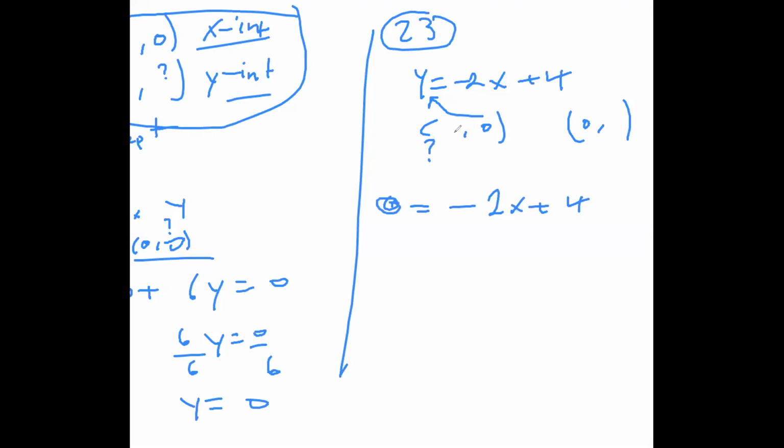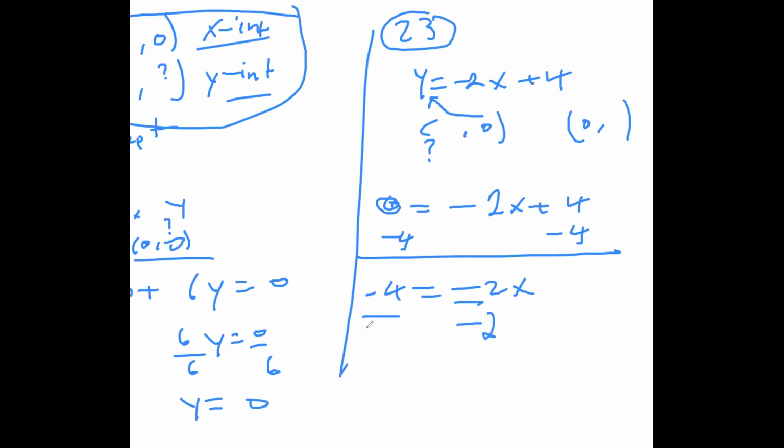We need x to go here. So we're gonna subtract 4. So this is negative 4, equals negative 2x. What do you do after that to get the x? Divide by negative 2. That's right. And divide by negative 2, divided by negative 2. This will be 2. And these cancel, it will be x. That's what we put here.